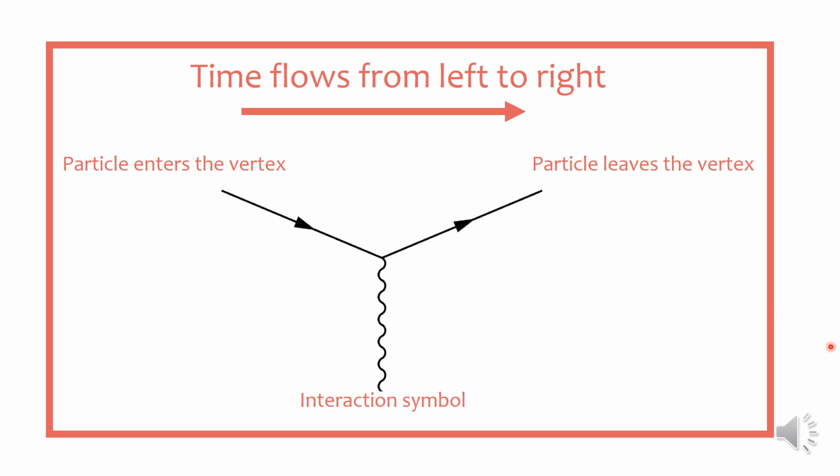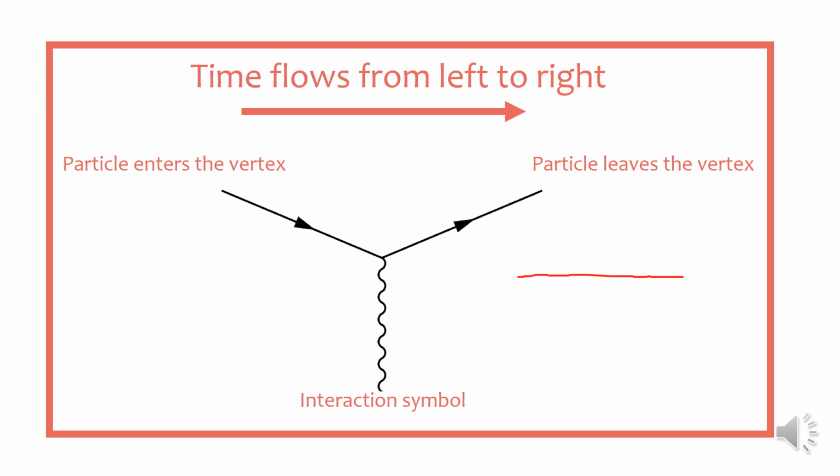Okay. So this is, if you like, the most simple Feynman diagram. We have a particle entering the vertex, there's an interaction symbol, so one of our bosons is leaving, and then a particle, maybe a different particle, or at least at a different energy, or something's happened to it, is leaving the vertex.